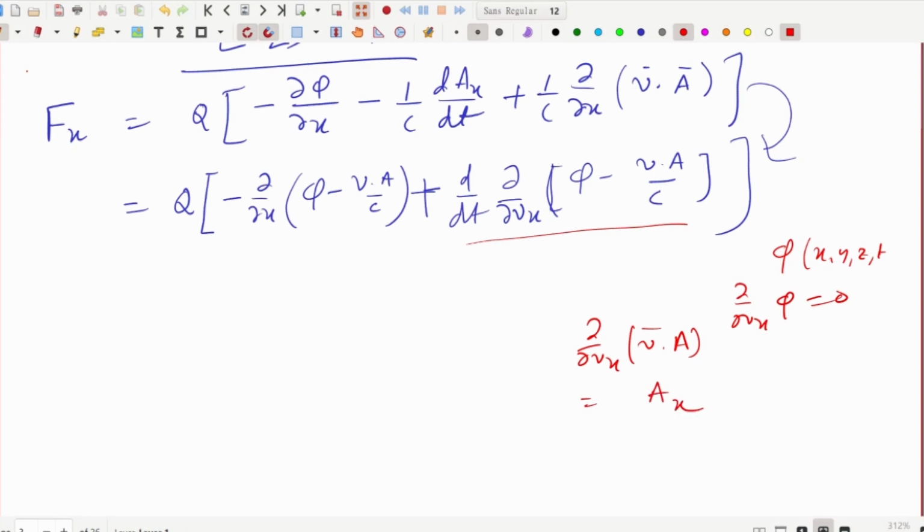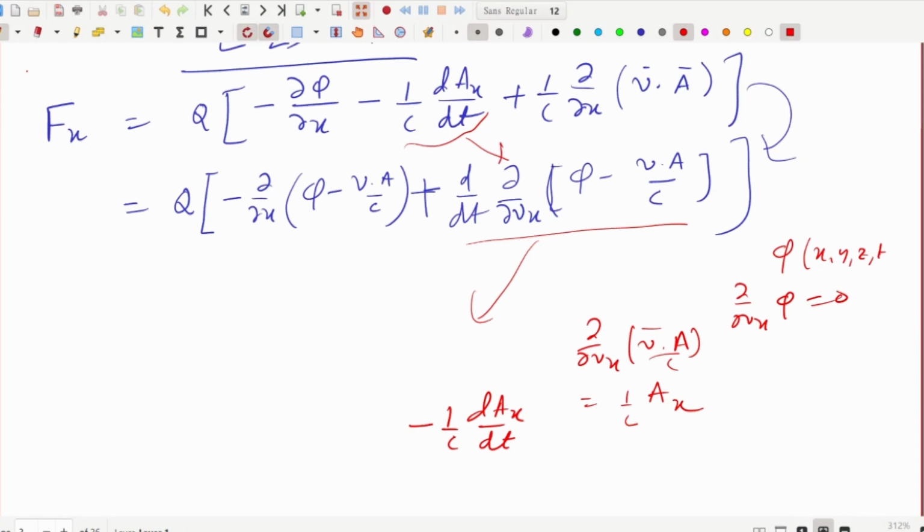That is clear, because it will have Vx Ax plus Vy Ay plus Vz Az. Now you are differentiating with respect to Vx, so it gives Ax, and with the 1 over c, this whole term is nothing but minus 1 over c del Ax del t.